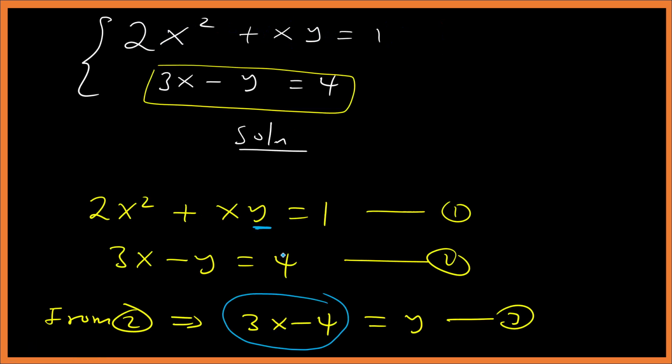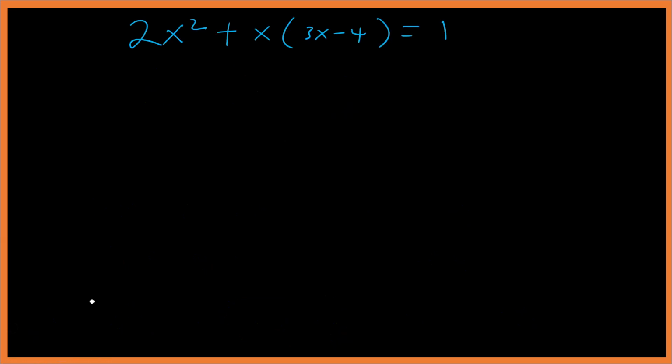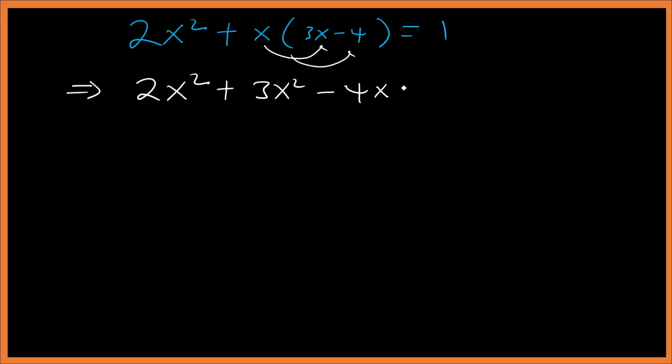So from here, we can solve for x. Simple as that. So 2x squared plus 3x squared, this one times that, and this one times that, minus 4x equals 1. So we have 5x squared minus 4x minus 1 equal to 0.